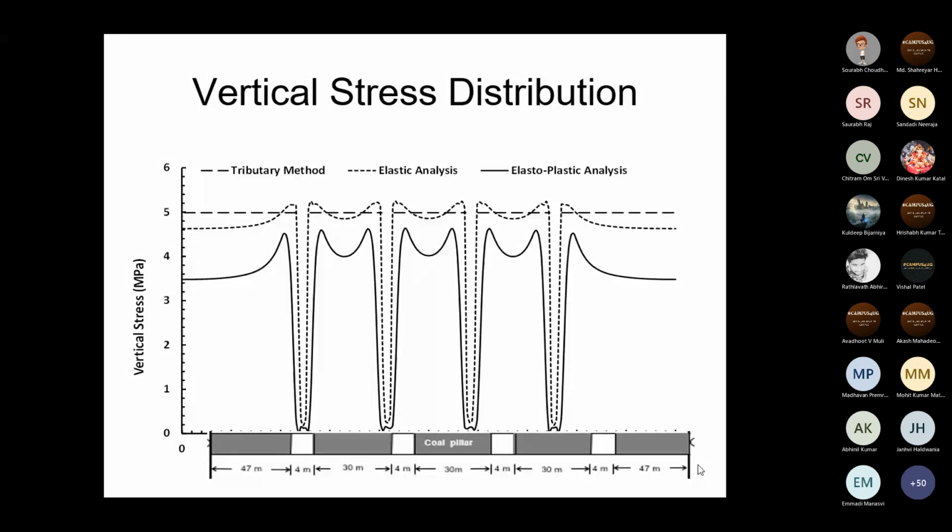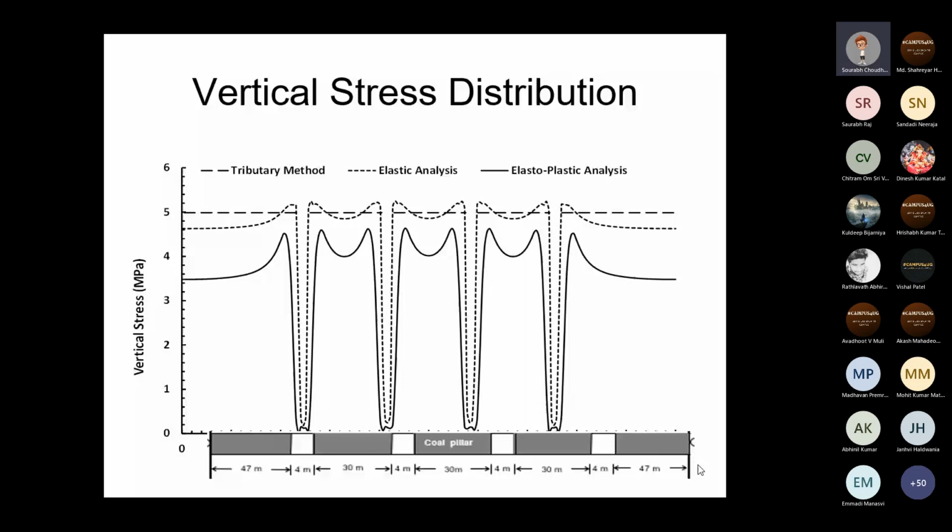It is a little inclined, whereas the dotted line is more or less vertical. Theoretically it is perfectly vertical, but the solid line is a little inclined, right? So that is the difference.